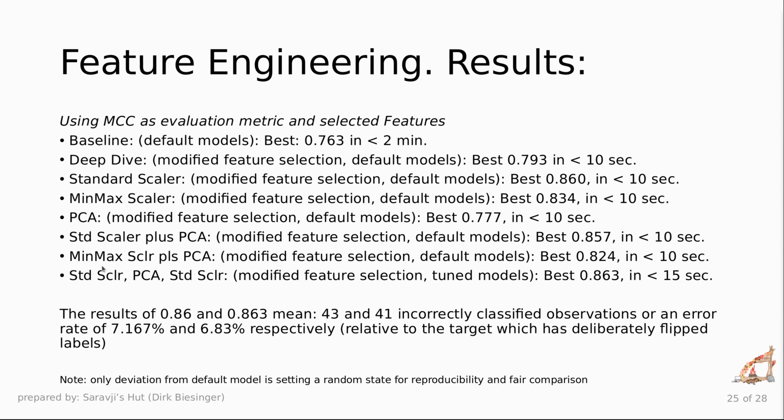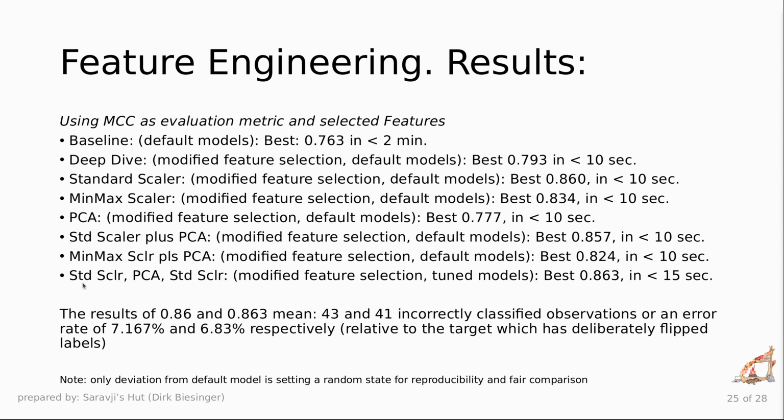Next experiment was using min-max scaler plus PCA, again on the modified feature selection using default models, and our MCC ended up at 0.824. So at this point we have not improved anything beyond what we could do with the standard scaler.